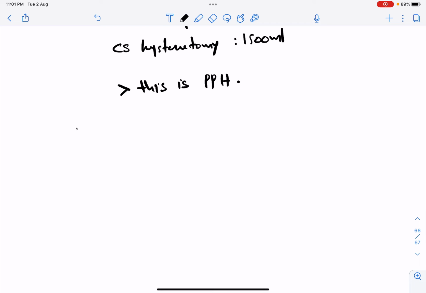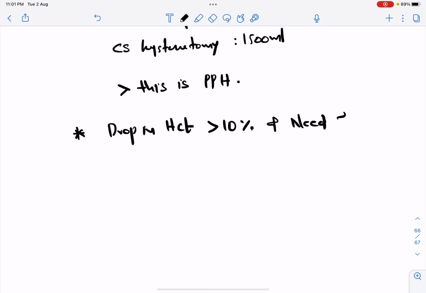Or in other words, PPH is defined as a drop in hematocrit of more than 10% and need for blood transfusion.